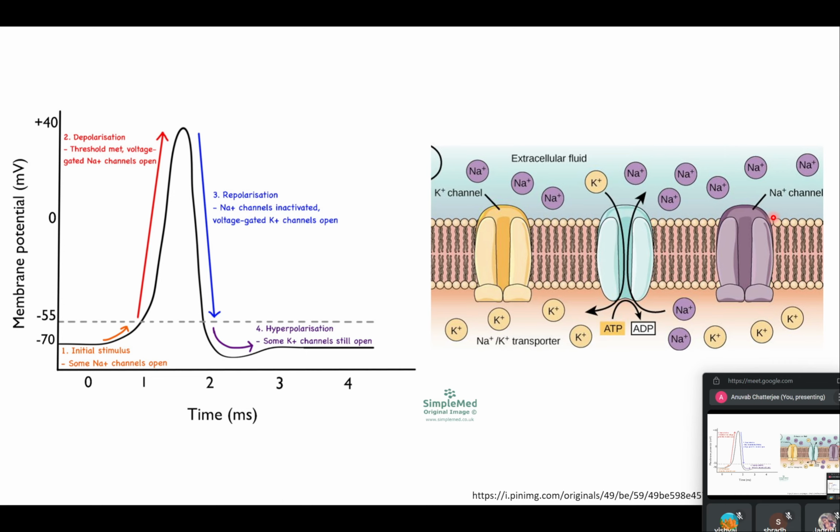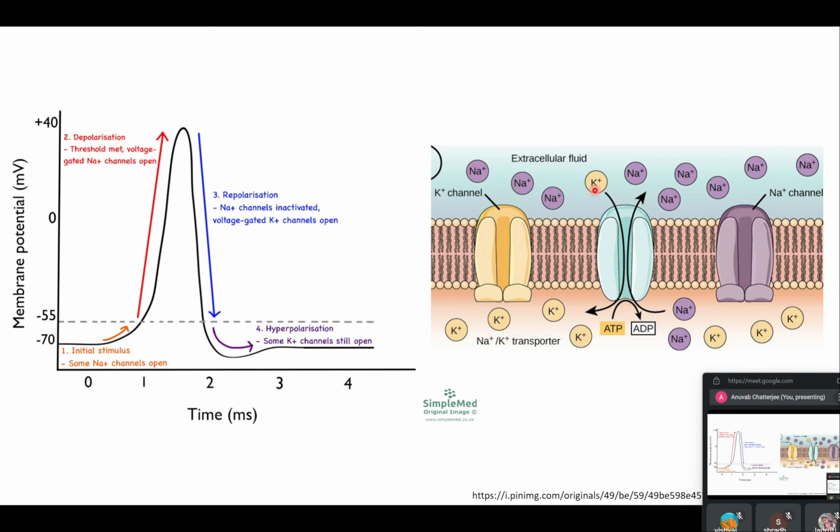Here you have to understand that the sodium and the potassium channels are voltage gated ion channels. They allow the transfer of sodium and potassium only when there is a change in the membrane potential, whereas the pump always works irrespective of the membrane potential using ATP.